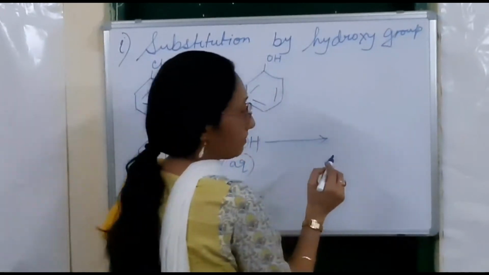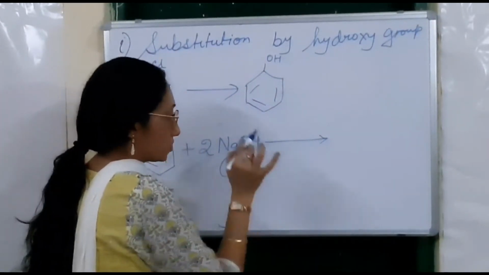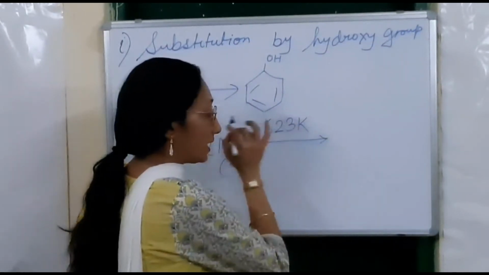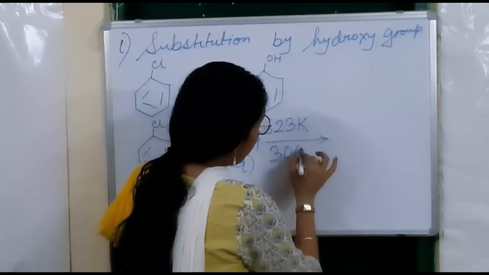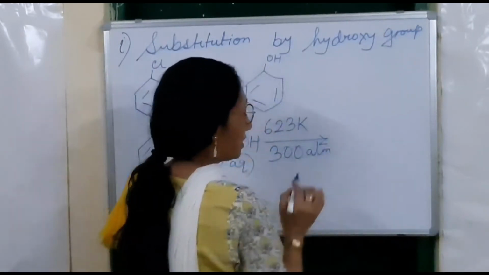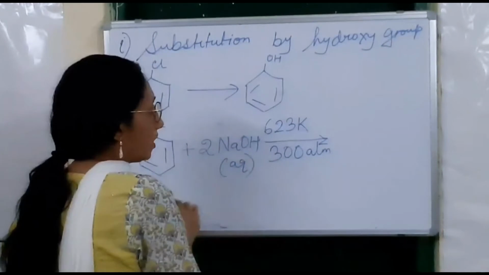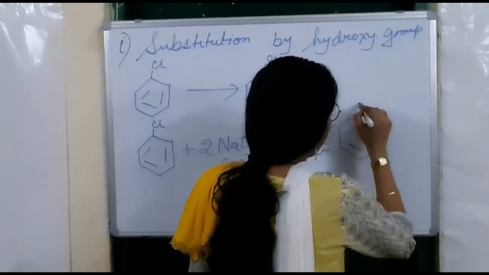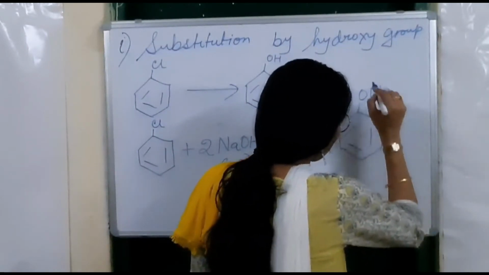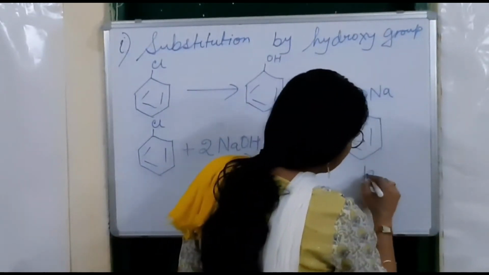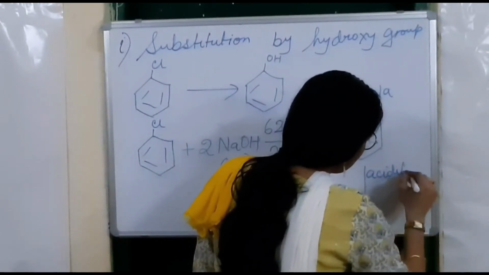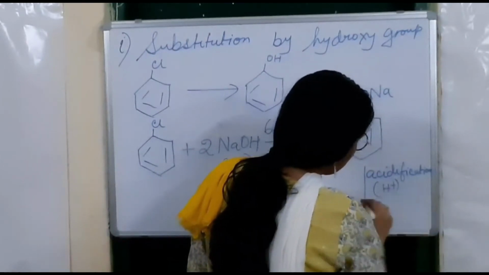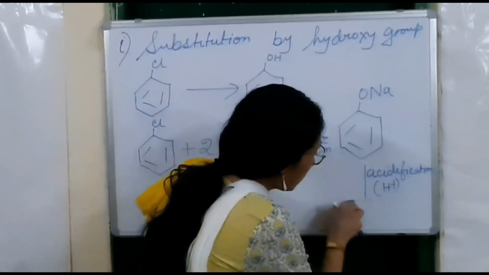At ordinary temperature the reaction will not take place, so the temperature should be 623 Kelvin and high pressure of 300 atmosphere. Initially sodium phenoxide will be formed, which on acidification with dilute acid gives us phenol.